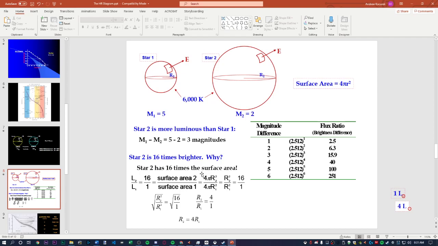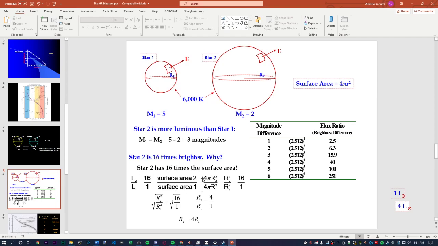Okay, the 4 pi's cancel out. So we're basically left with 16 over 1 because we're comparing it to a star. Since this is 16 times brighter, because it's 3 magnitudes, 16 times as bright as the original star. So 16 over 1. So basically 16, right?